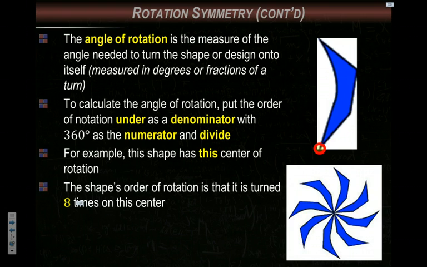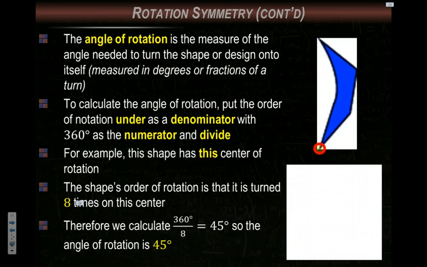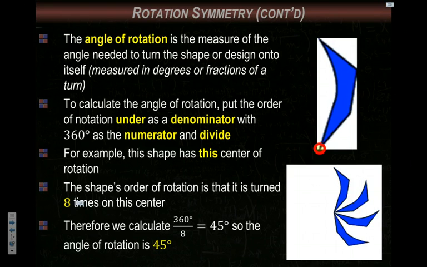Well, as I've said before, we can calculate this. We can calculate the angle by putting the order of rotation under 360 degrees. So since I rotated it 8 times, 360 divided by 8 is 45. So I rotated this on a 45-degree angle each time.